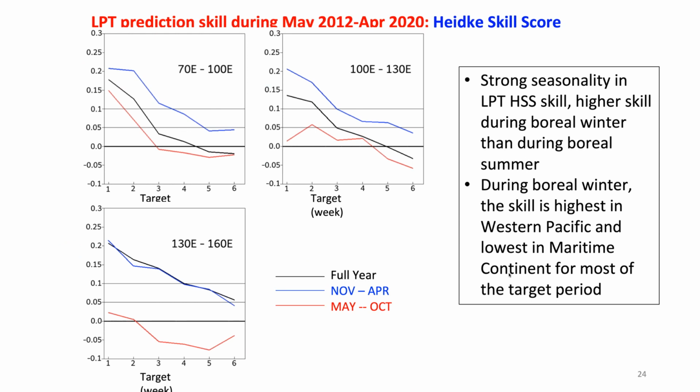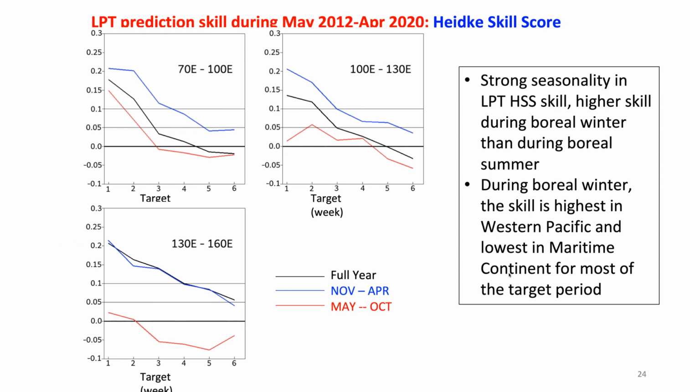Okay, now let's go to the next slide for LPT. We did a similar calculation for LPT, and we have 3 panels here, which are for the Indian Ocean, upper left, the maritime continent, upper right, and the Western Pacific, lower left. In each panel we have 3 curves. Blue is for winter season, November to April, red is for summer season, May to October, and black is for the full year.